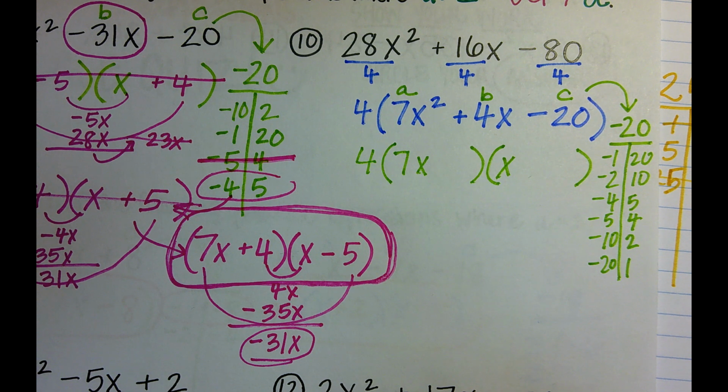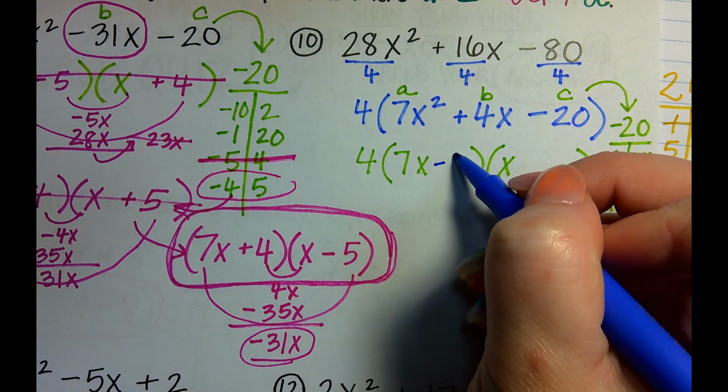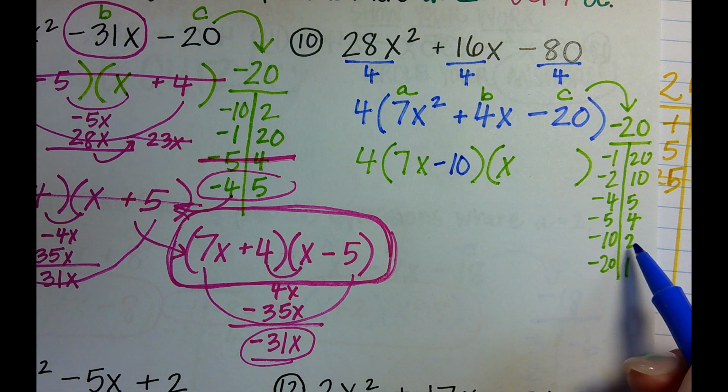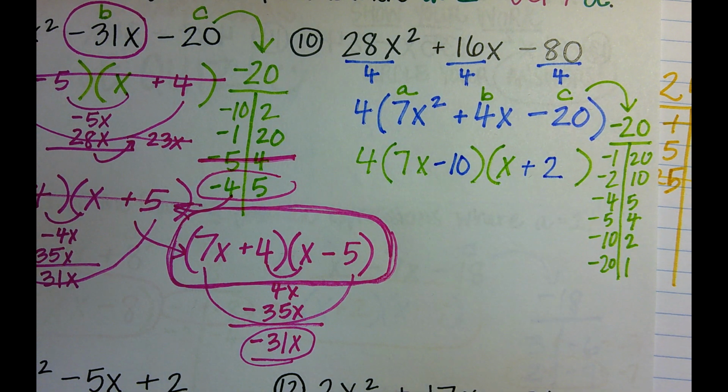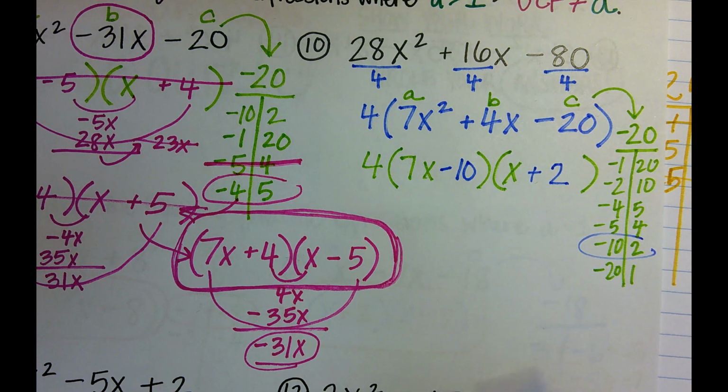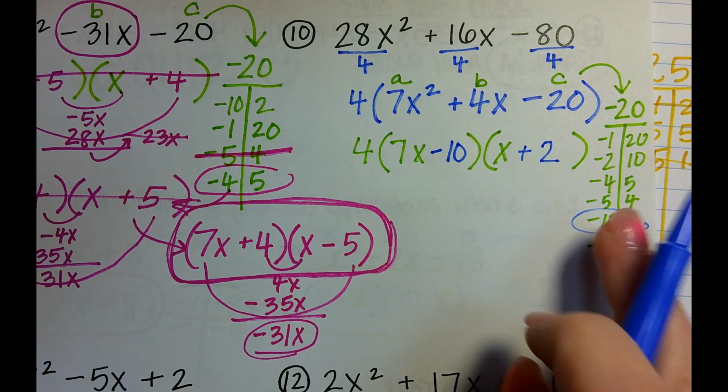What are we thinking? Minus 10 plus 2. Minus 10 plus 2? Let's try it. Okay. Minus 10 plus 2. Let's see what happens. That's the pair we're using.